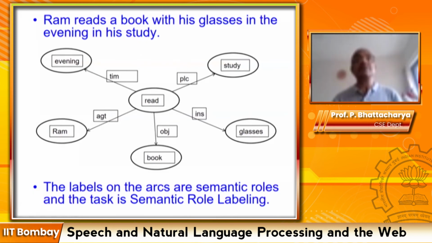Another important information that was conveyed is that evening cannot have the place relationship, study cannot have the time relationship. So this is called deservingness. Okay, deservingness. So read has a desire for finding the time relationship entity and the place relationship entity.